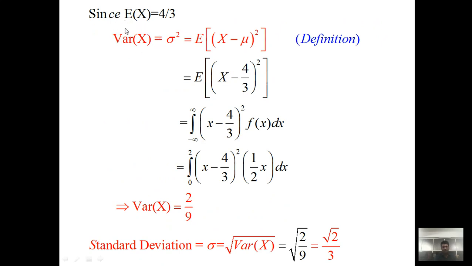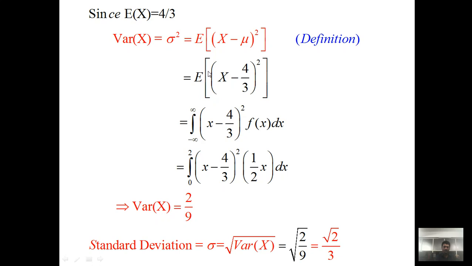Now next we have to calculate the variance. The variance, denoted by variance of X and also written as sigma square, has the definition E of (X minus mu) square. This highlighted equation is just the definition of variance. So it is E of (X minus mu), where mu is the mean expectation, that is 4 by 3, whole square. So we plug in the value of the expectation, 4 by 3.